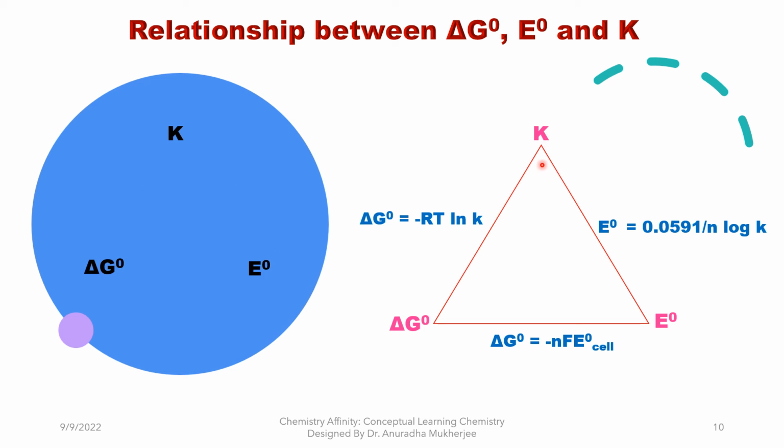Here, if this point denotes the equilibrium constant and this point denotes Gibbs free energy, then the equilibrium constant and Gibbs free energy are connected via this equation, delta G0 equal to minus RT ln K. E0 is at this point, so delta G0 and E0 are connected via delta G0 equal to minus NFE0. E0 and K are connected again via this equation, E0 equal to 0.0591 divided by N log K.